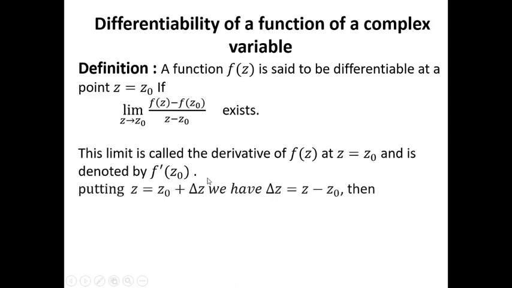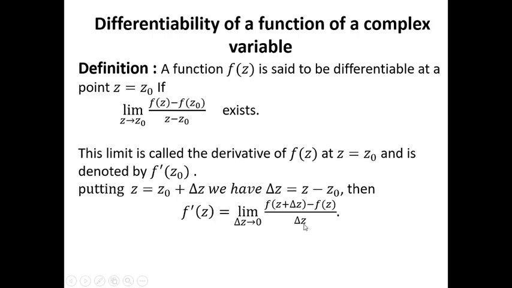Now, by putting z = z0 + delta z, we have delta z = z minus z0. Then the above formula can also be written in another form: f'(z) is equal to the limit as delta z tends to 0 of [f(z + delta z) minus f(z)] divided by delta z.